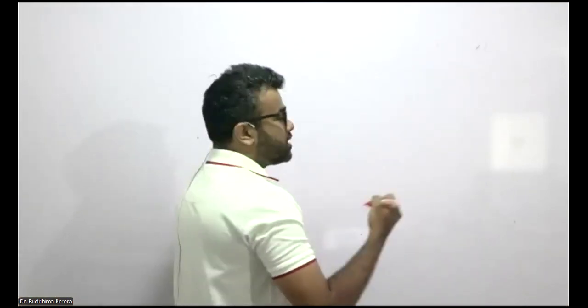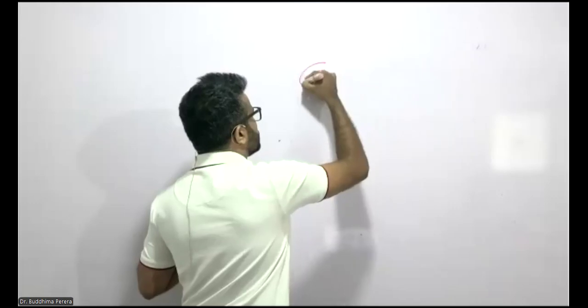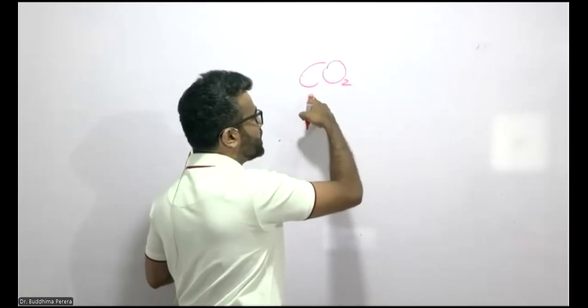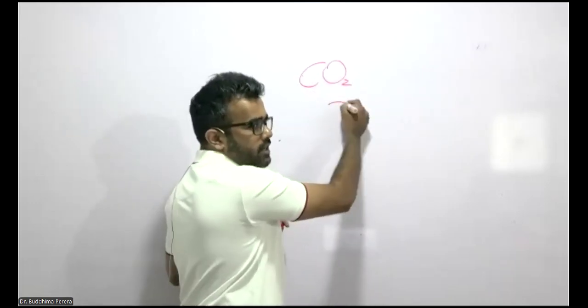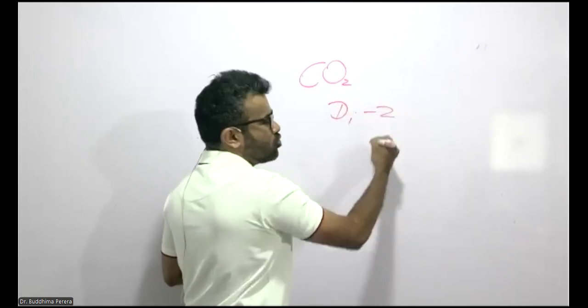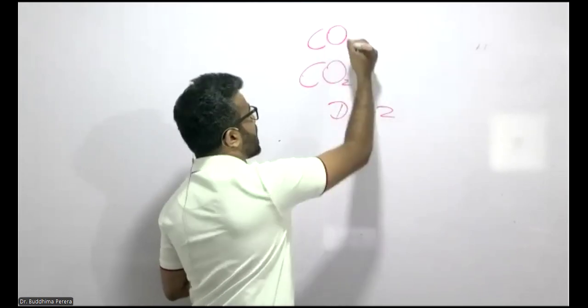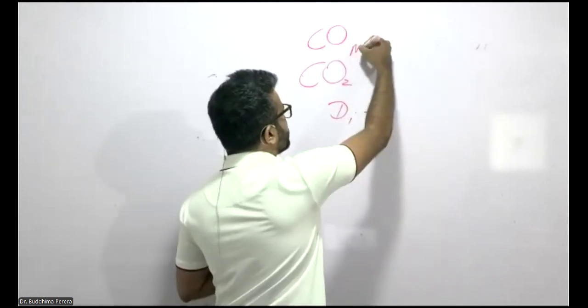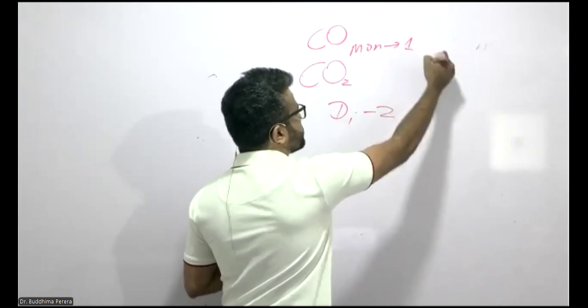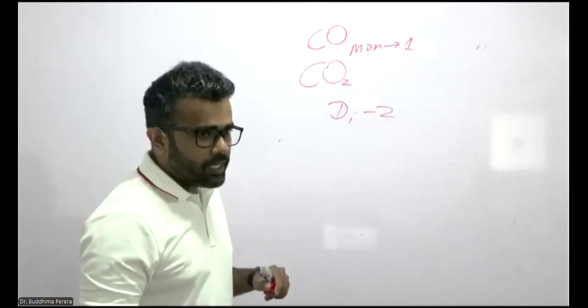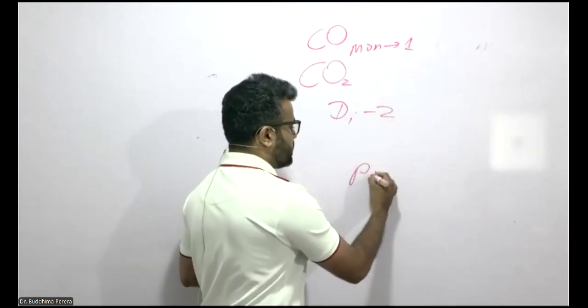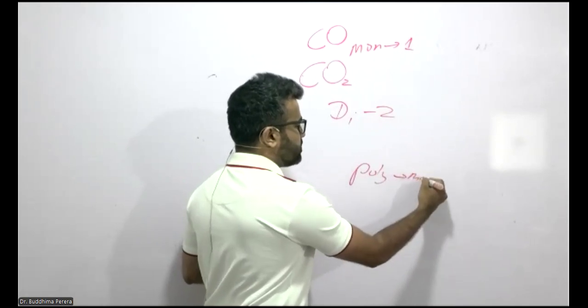Because it has 2 oxygens. Carbon dioxide, CO2. Di means 2, right? Carbon monoxide, CO, carbon monoxide. Mono means 1. Poly means many.